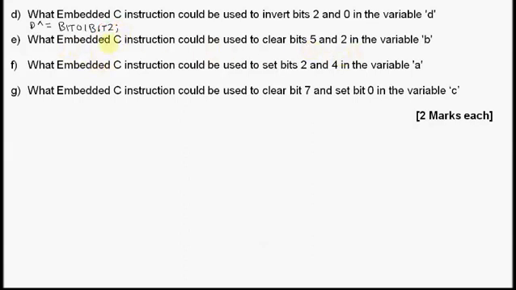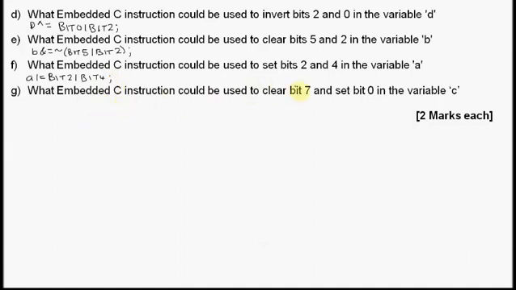Clear bits 5 and 2 in the variable B. So B AND equals, we use AND to clear bits, bit 5, bit 2. Set bits 2 and 4 in the variable A. So we use OR equals to set bits, bit 2 and bit 4.